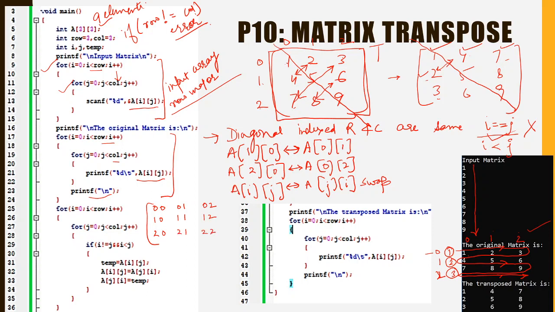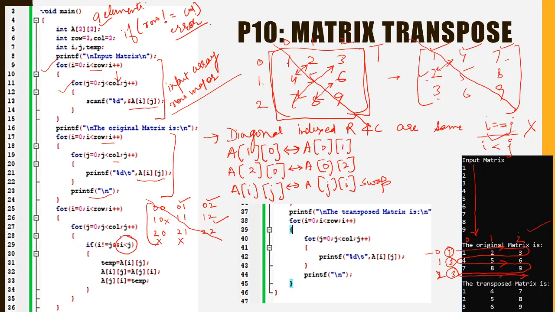For I equals j, these will not be interchanged, and where I is less than j, we will only do the interchange for this and for this. This will not do an interchange, this will not, and this will not.